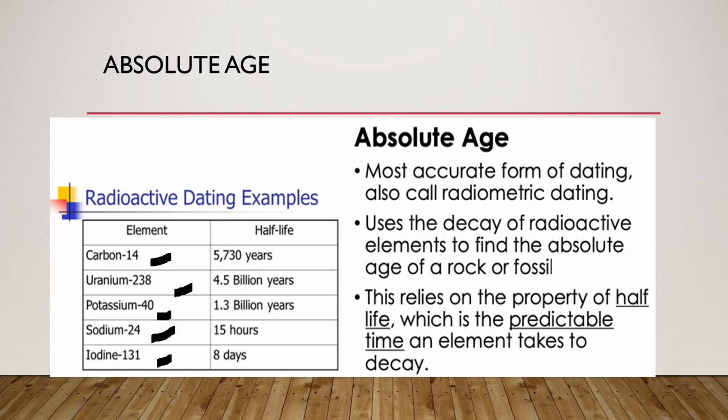These elements have a half-life. Half-life means that half of these elements will be used up after a certain number of years. For example, carbon-14 decays by half in 5,730 years, whereas iodine-131 takes just 8 days.